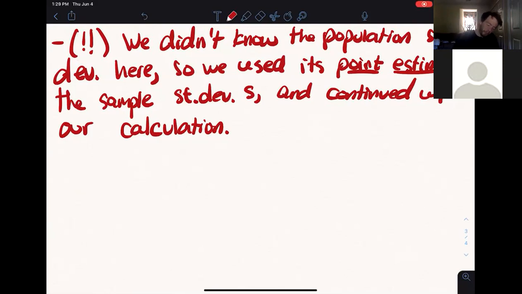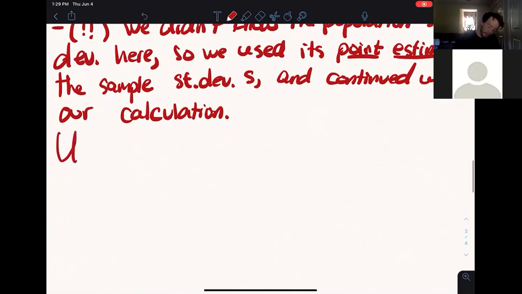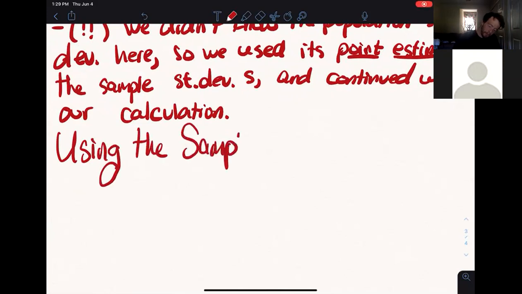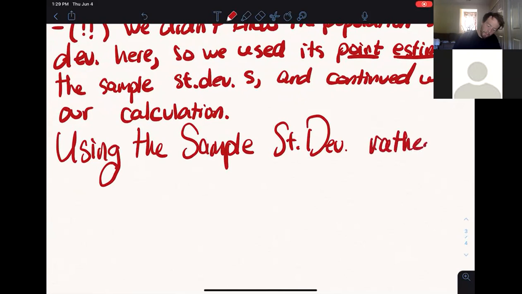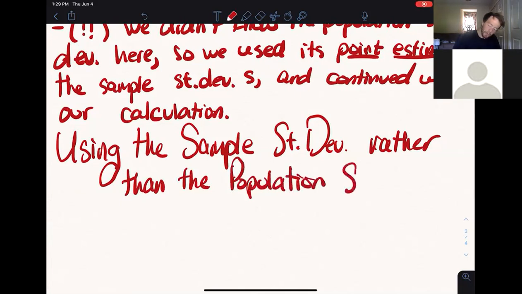So the section is, this next section is using the sample standard deviation rather than the population standard deviation.